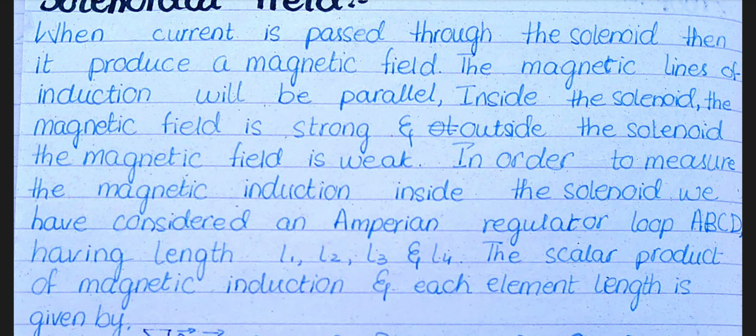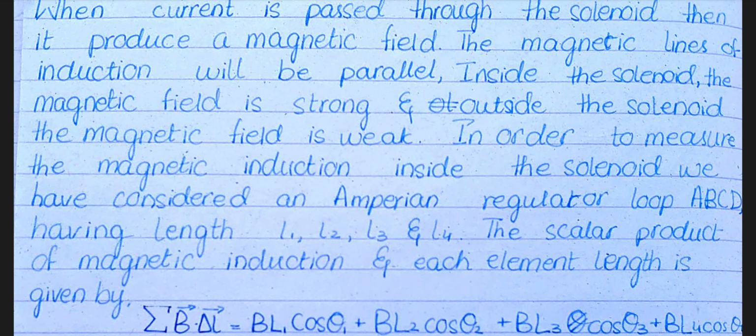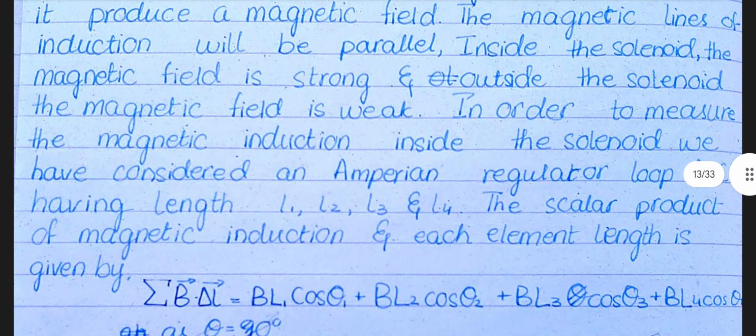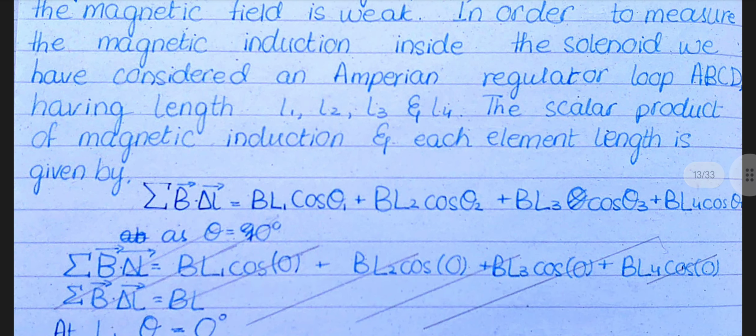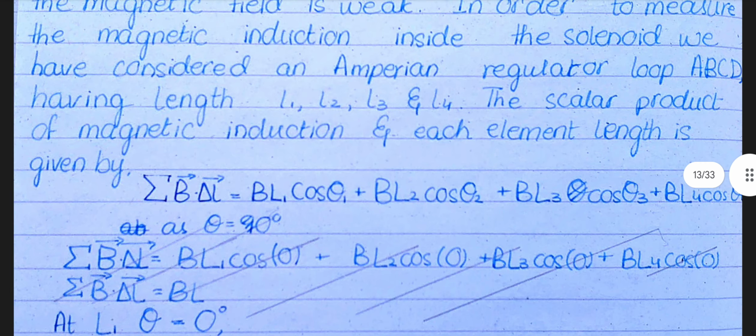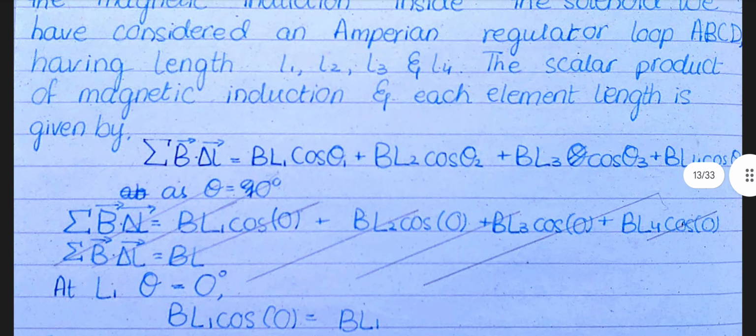In order to measure the magnetic induction inside the solenoid, we consider an Amperian loop ABCD having lengths L1, L2, L3 and L4. The scalar product of magnetic induction and each element length is given by summation B vector dot delta L vector is equal to BL1 cos theta 1 plus BL2 cos theta 2 plus BL3 cos theta 3 plus BL4 cos theta 4.